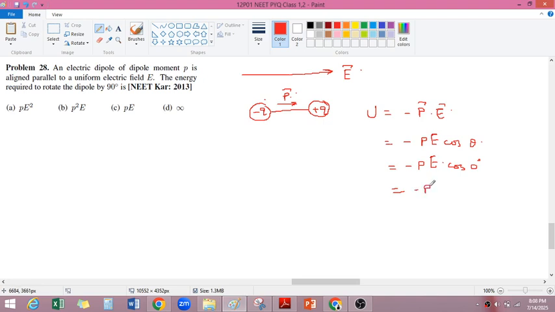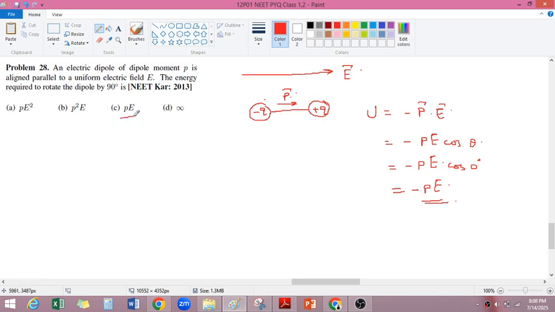So only if I give PE magnitude of energy will I be able to rotate it by 90 degrees, to bring it here, because at 90 degrees the potential energy is 0.